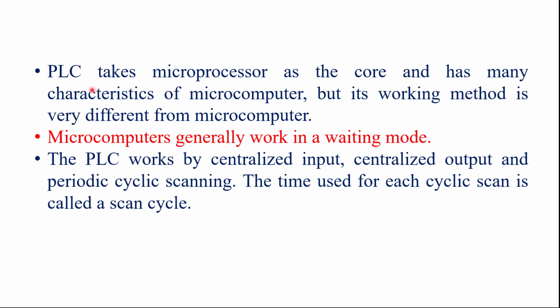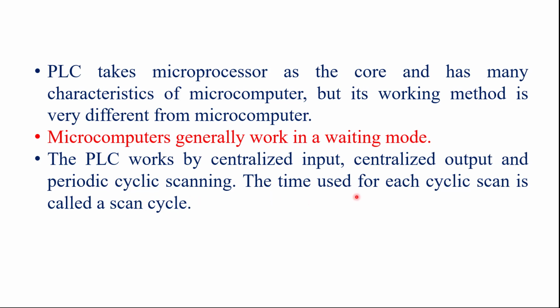Now, as I have already told, PLC is a microprocessor based controlling system. So PLC takes a microprocessor as the core and has many characteristics of a microcomputer, but its working method is very different from a microcomputer, because a microcomputer generally works in waiting mode, whereas PLC works by a centralized controlling system, having centralized input, centralized output and periodic cycle scanning.